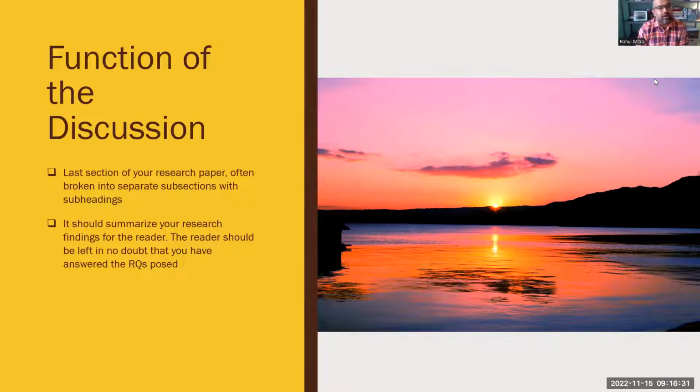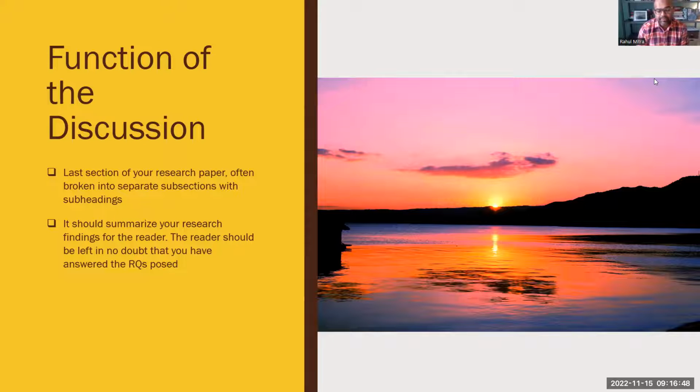Another important function of the discussion is that it should summarize your research findings for the reader. The reader should be left in no doubt that you have answered the research questions that you posed at the start of your paper.